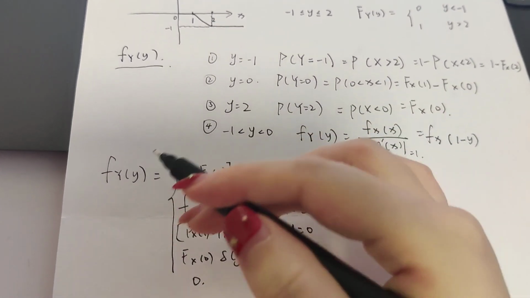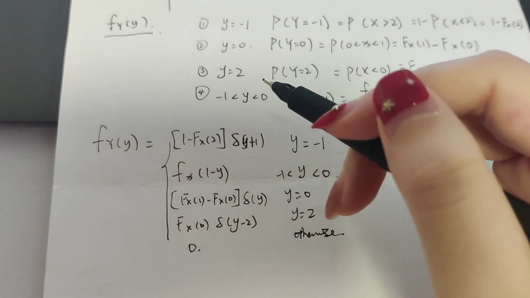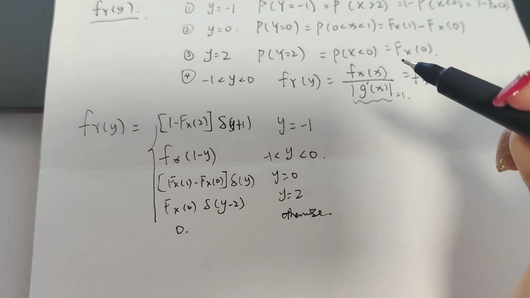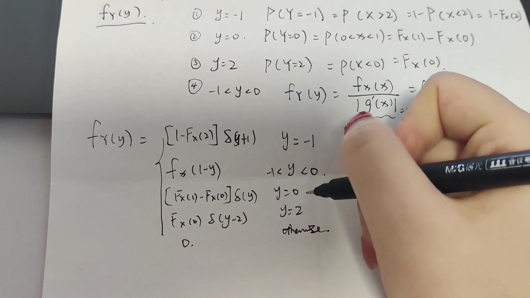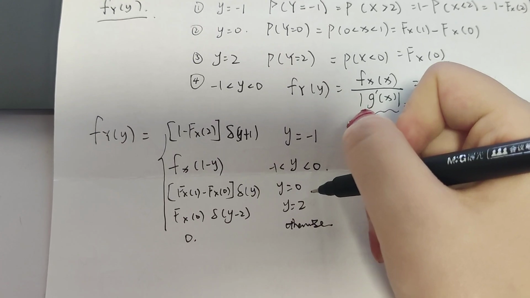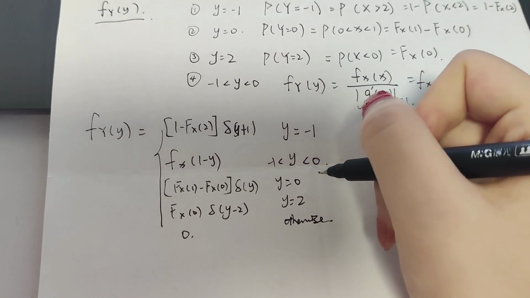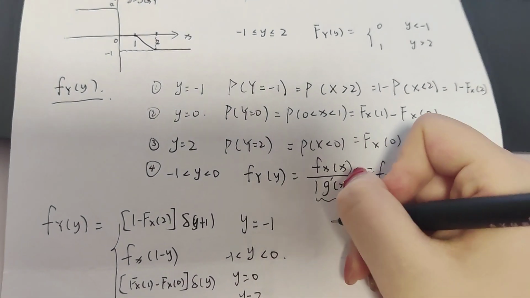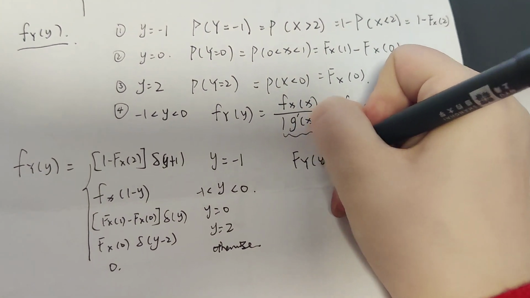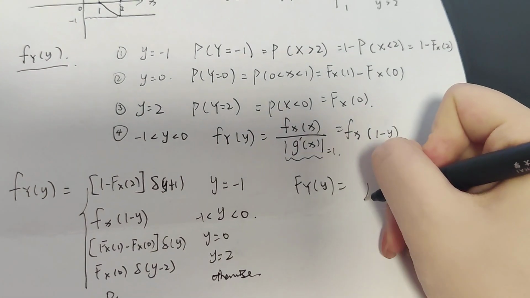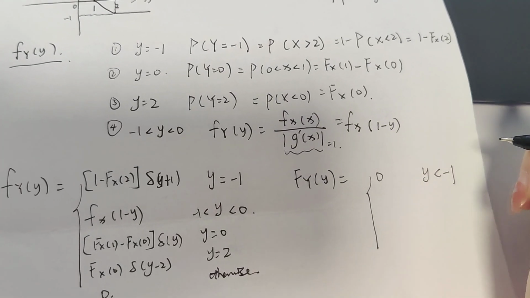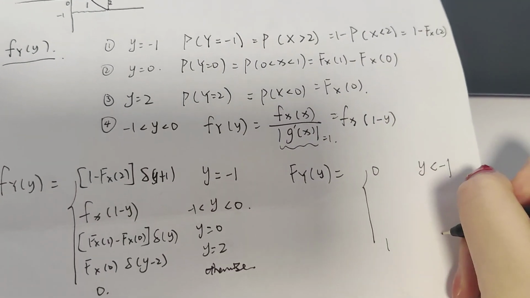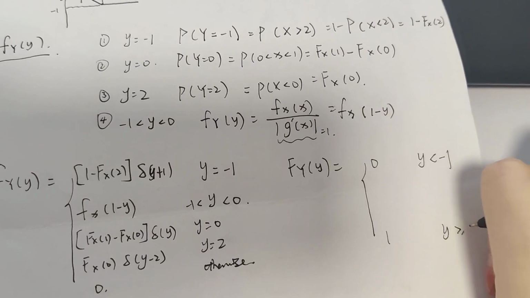And from the density function, we can calculate the distribution function. We only need to calculate here because the other parts are just multiplied impulse functions. So we can know that the distribution function is 0 when y is less than minus 1 and 1 when y is more than 2.